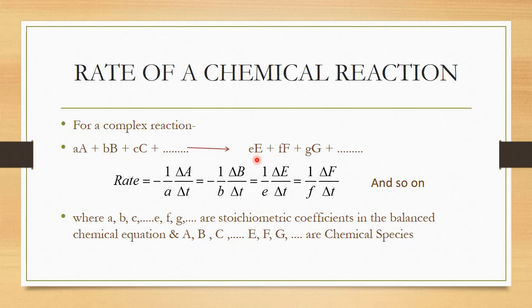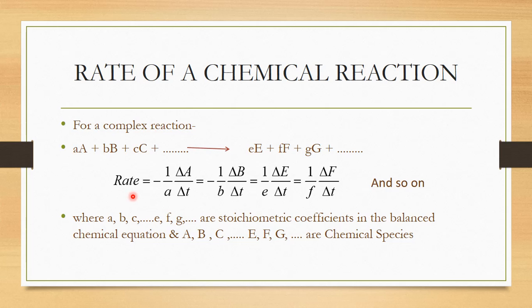Means in that case, for the rate of reaction where stoichiometric coefficients of reactants and products are not equal to 1, the rate of disappearance of any of the reactants or the rate of appearance of the products is divided by their respective stoichiometric coefficients. Means we are calculating the rate of a reaction for 1 mole.